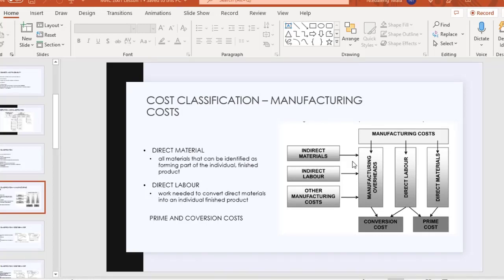And then how do costs also behave besides changing according to the number of products? Which other costs are there and how do they behave? Which other costs are there, guys?